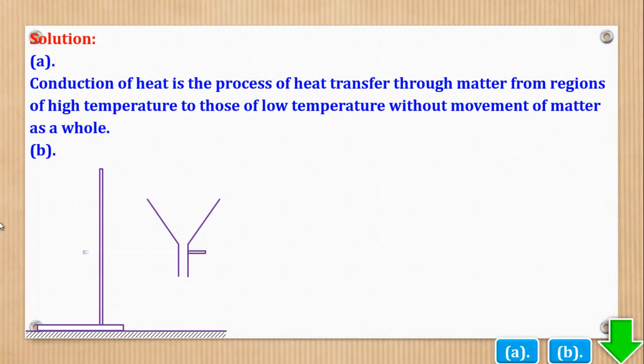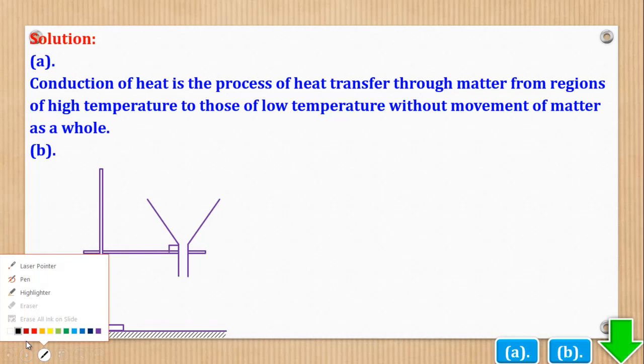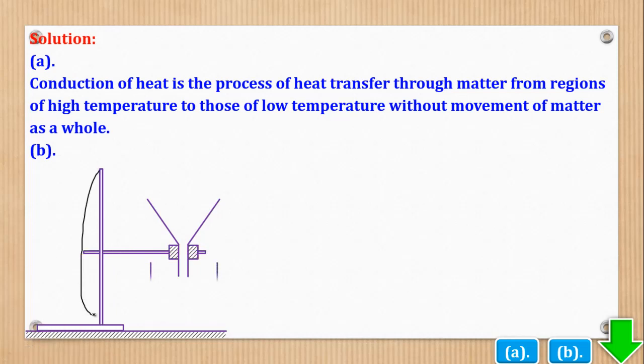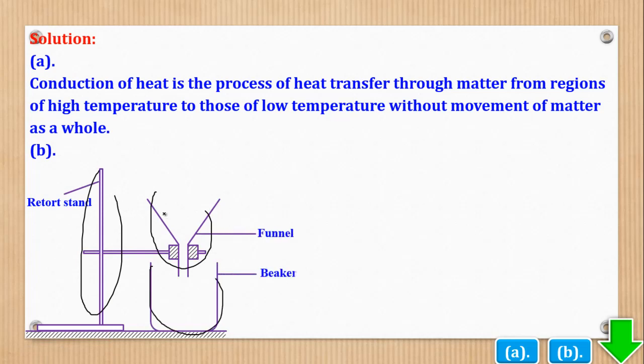So you'll have our clamp here, then our funnel, then this one to collect the water, then here we shall put lumps of ice. So you come and put lumps of ice in the funnel.